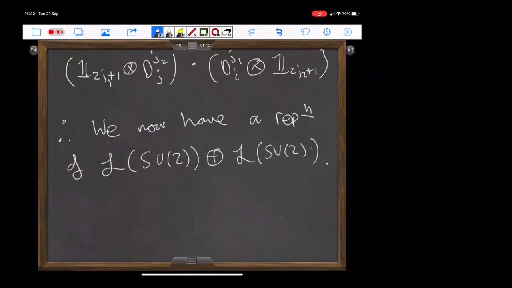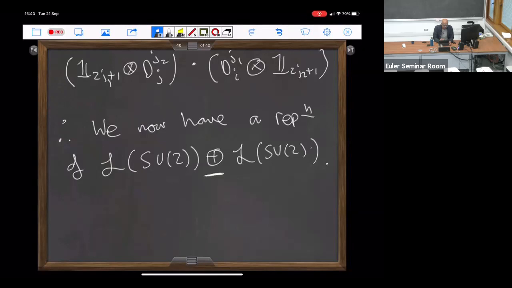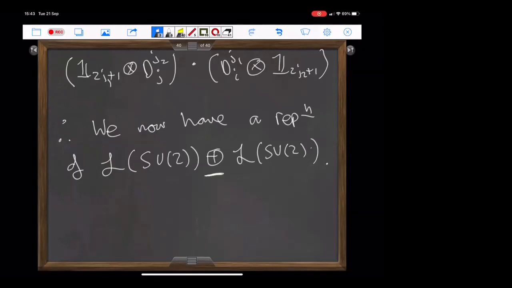What is the difference here when you take the direct sum and the direct product? What do you mean by direct sum? This? No, this is just the notation which means that the two algebras commute with each other. As abstract algebras, they commute with each other.